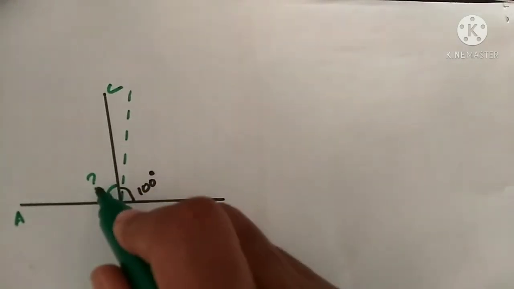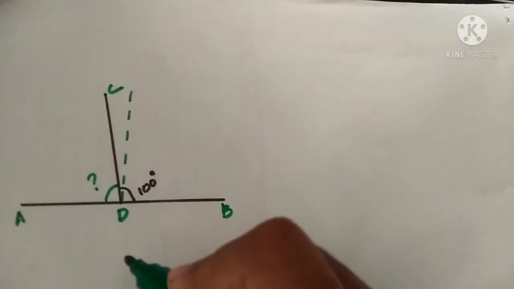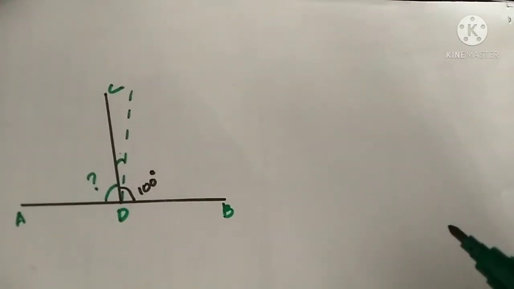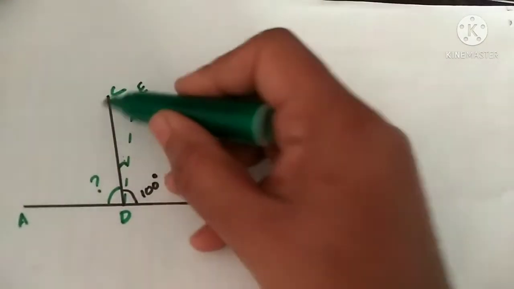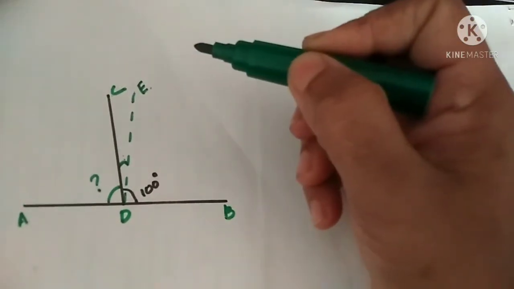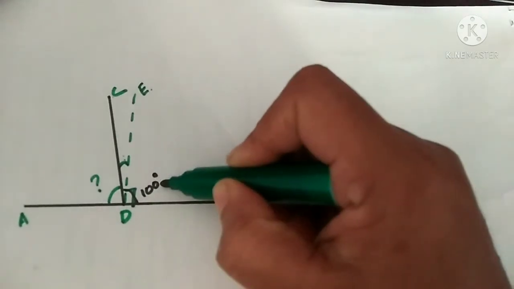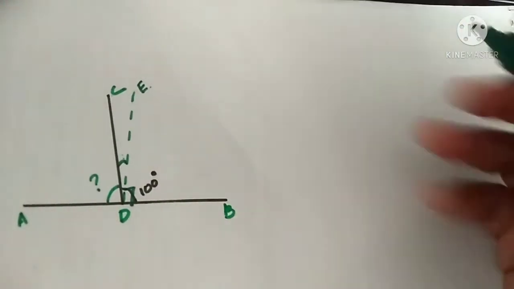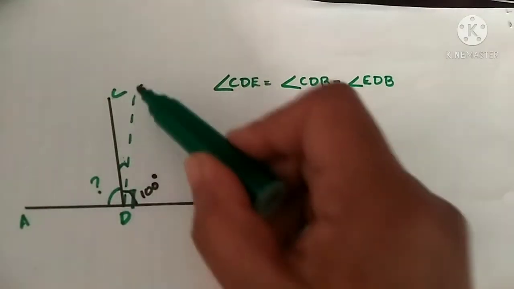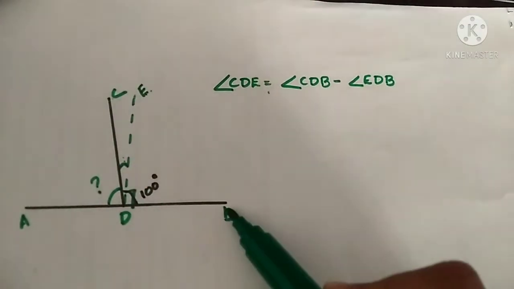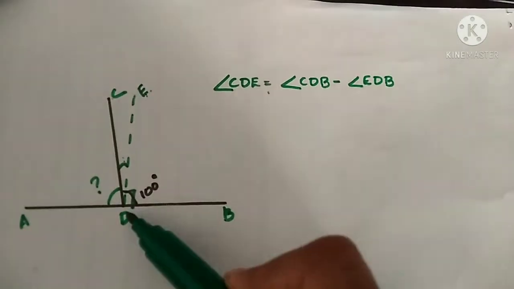So, to find this angle, we just need to subtract this much angle from 90 degree. To find this angle CDE, we just need to subtract 90 degree from this whole angle, that is from 100 degree. So we write angle CDE is equal to angle CDB minus angle EDB.